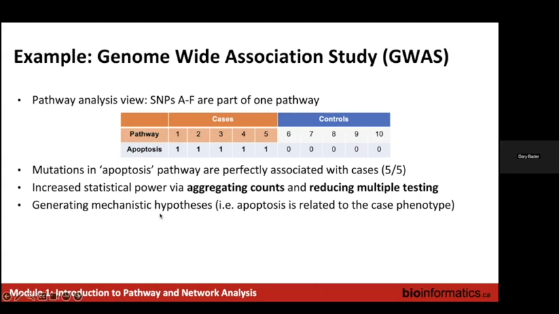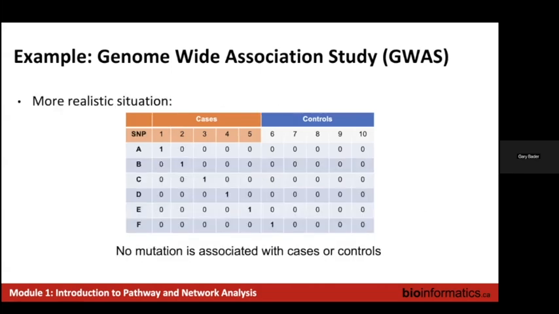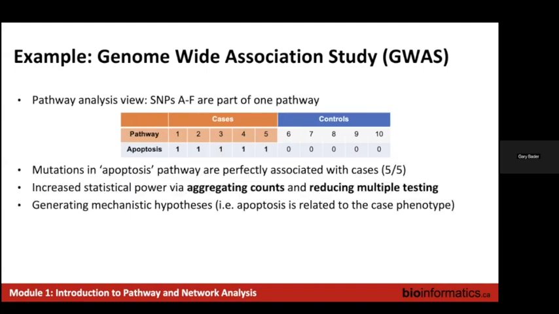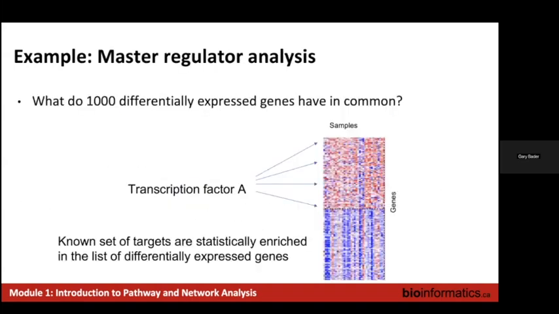The other useful thing is that it generates a mechanistic hypothesis. We can now suggest that apoptosis is related to the case phenotype, whereas before we'd say SNP A is related to the case phenotype, and that doesn't tell me as much. I'd have to do extra work to figure out what that means mechanistically.